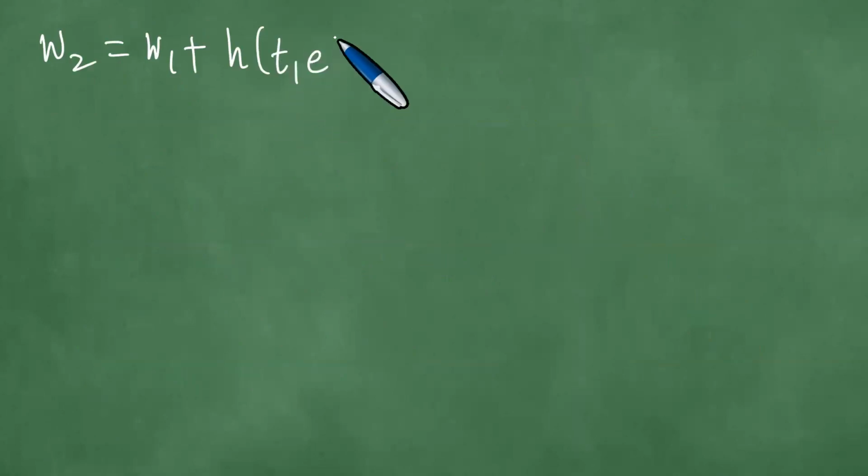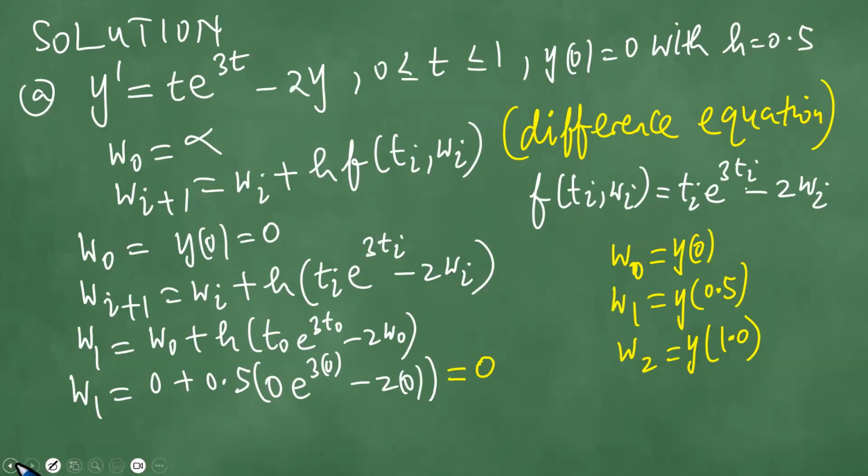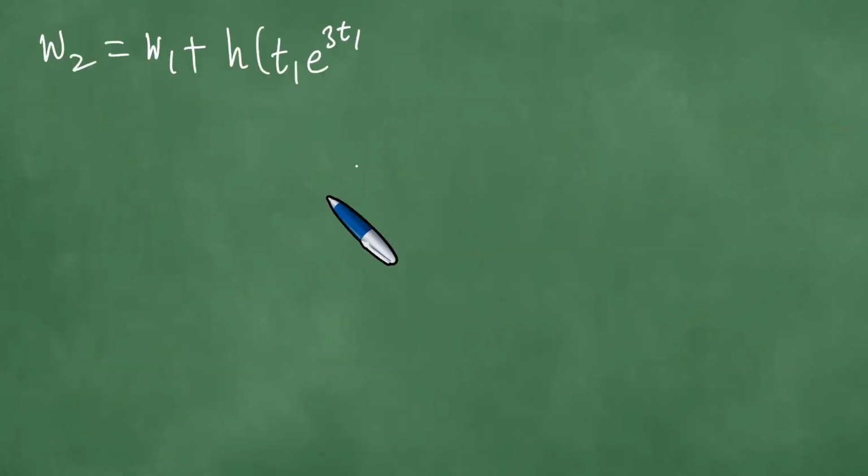So it's T1 e to the 3T1, and then minus 2W1. So with that said, we have W2.